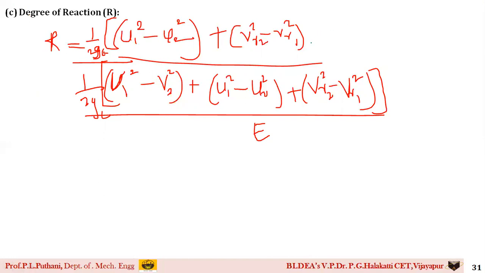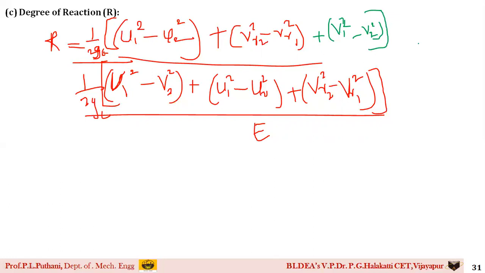What I will do is plus of (V1 square minus V2 square). Now I will close this bracket entirely.